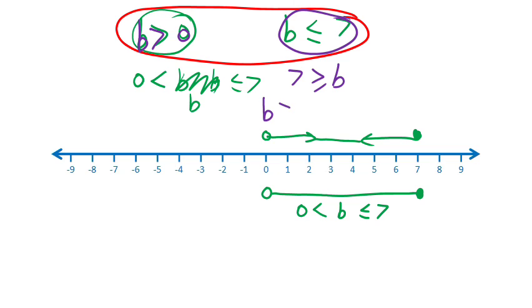So we've got B greater than 0, 7 greater than or equal to B, and we've got a 0 and a 7 in the middle. What's that? Oh, that's just not working. So strange as it may seem, to get this to work, you've got to have the arrows pointing to the left, and that's how you know you've got it right.